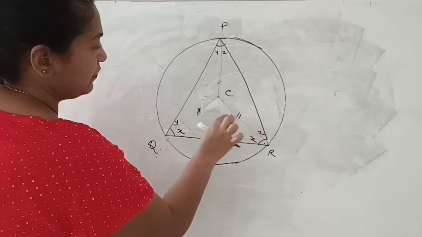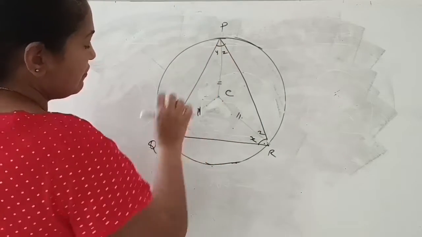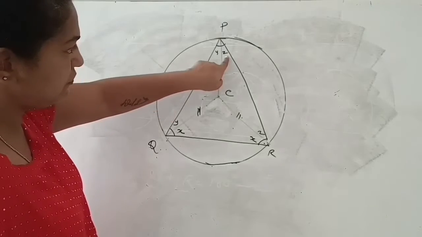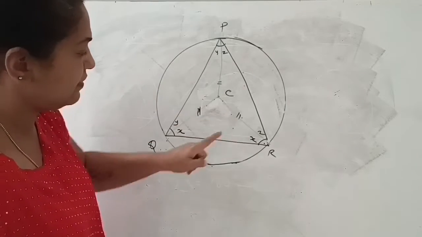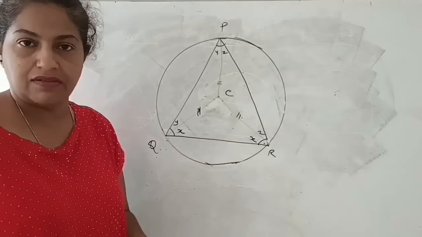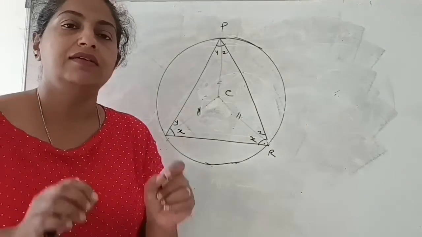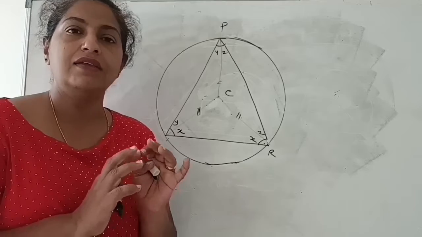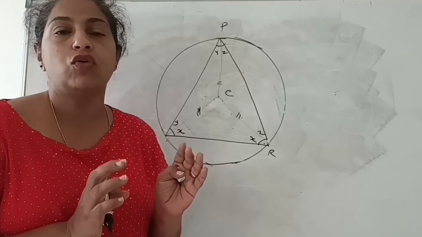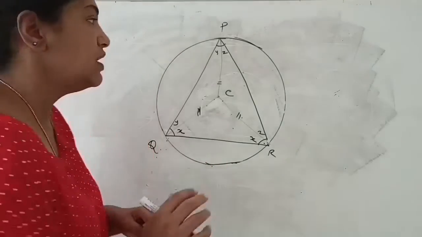So if this is y, this angle is also y. If this I have marked as z, this is also z. If this is x, this is x. Right? Now you know that in a triangle, the exterior angle is equal to the sum of the opposite interior angles.